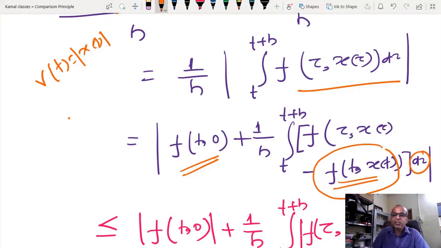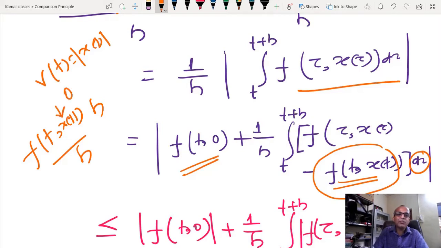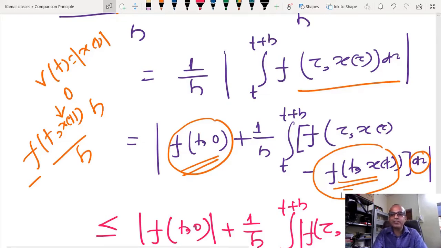Then I have f(t) x(t) and d tau, so I have h by h, and the h's are going to cancel, and I am just worrying about 0. So f(t) times 0, and the negative sign comes into the picture, due to that reason this quantity is going to be cancelled out. I hope you are able to understand this calculation. Adding this extra term here is exactly fine if x(t) equal to 0. If anyone has confusion, please check this step.